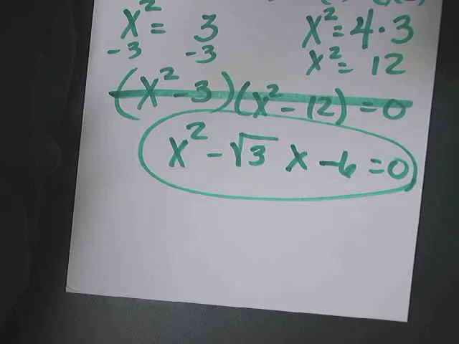That'll be the beginning of the next lesson, because it's supposed to come out x squared minus square root of 3x minus 6 equals 0. So I'll show you how to get the right answer when you come back.